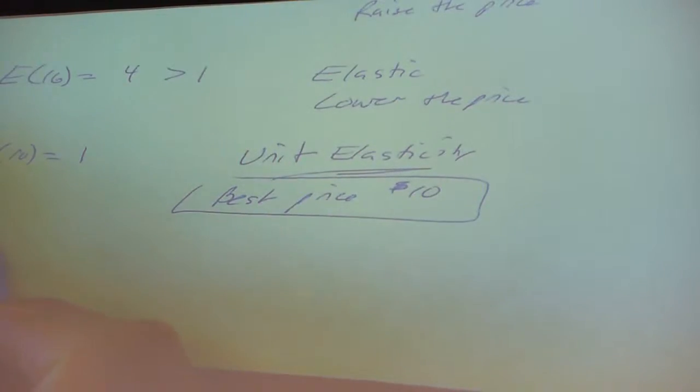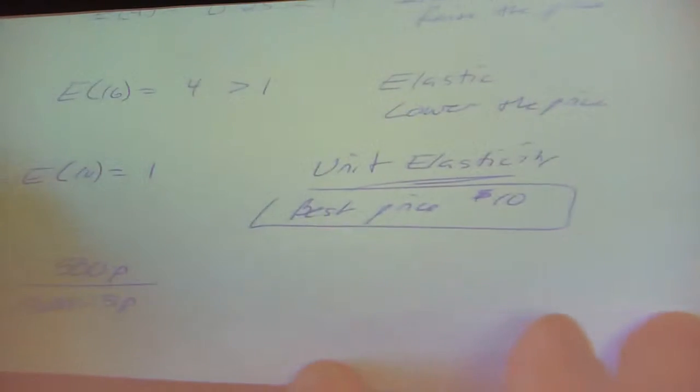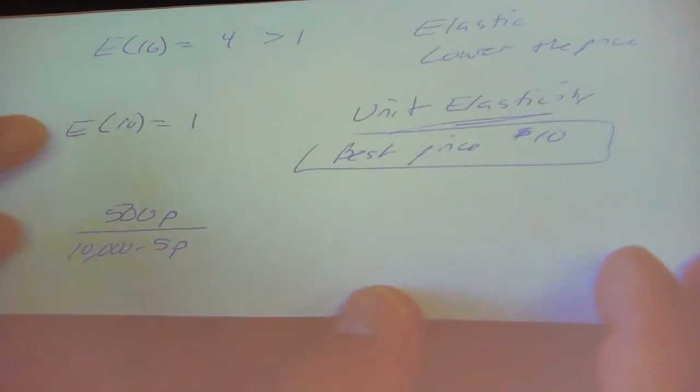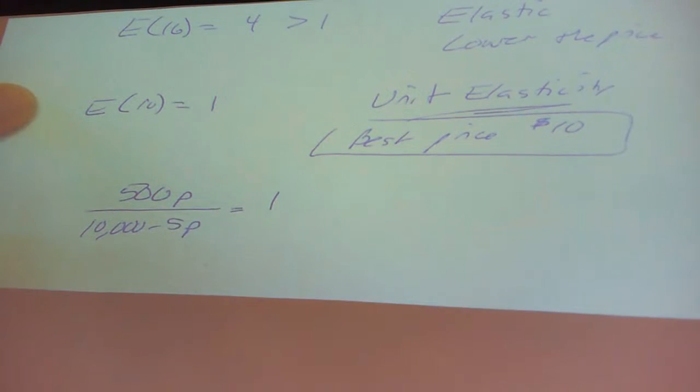My elasticity is 500p over 10,000 minus 500p. And to find the best price, what do I want this to equal? 1. And I could have done what? Solve for p. So 1 is really 1 over 1. How do I solve this? Cross multiply.